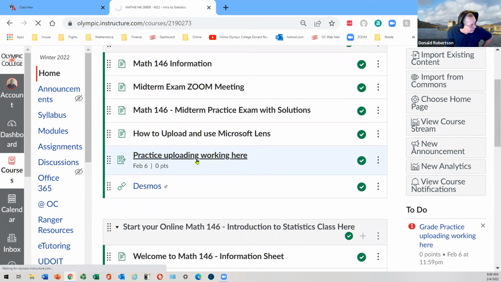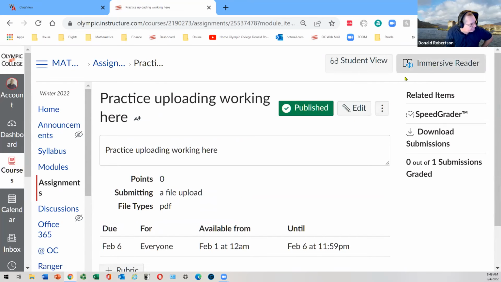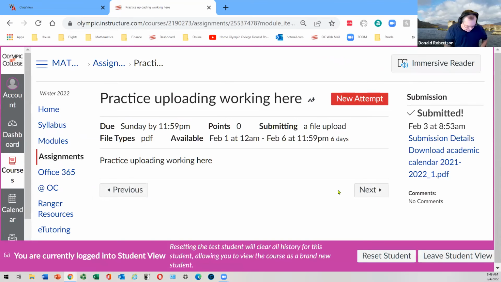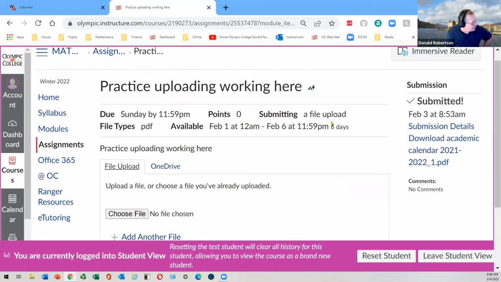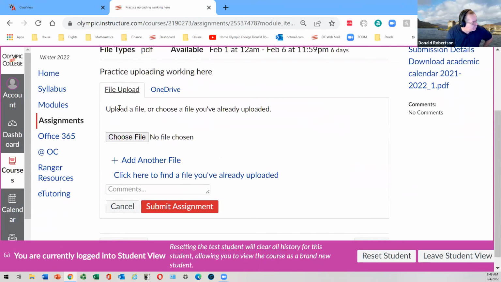Click on this practice upload working here. So you've taken pictures of some doodles, whatever it is you've taken pictures of, just something to practice with. You've saved it as a PDF, just like the video told you. Hit that guy. If you've saved it somewhere, like on your phone or computer, if you're in Canvas with your phone, then you can do it that way. You can save it to OneDrive if you feel like it and get it there.